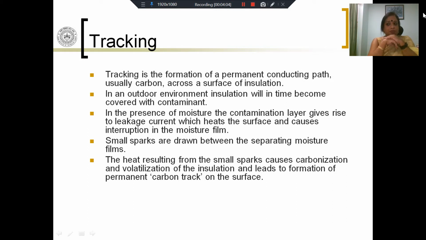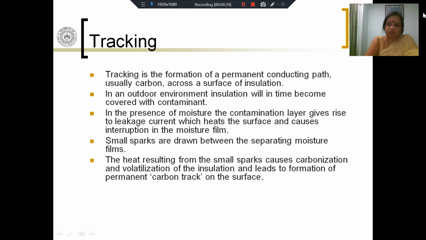The other possibility, especially in the case of outdoor insulators, is when there is a conducting channel formed along the surface of the conductor. So if these are your two electrodes, the high voltage electrode and the ground electrode, there might be a conducting channel along the surface of the dielectric from this point to here, and you have a short circuit along the surface of the conductor.